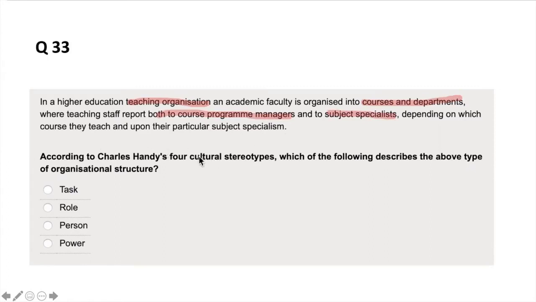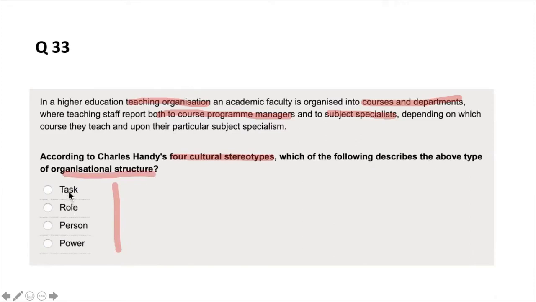So we see that people take on different tasks, and many people seem to have more power. According to Charles Handy's four cultural stereotypes, which are task, role, person, and power, as we can see here in our list, which of the following describes the above type of organizational structure? So task, role, person, and power.